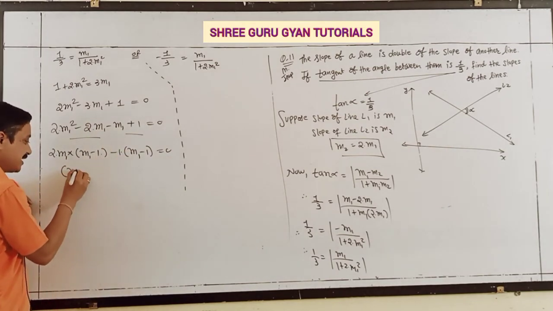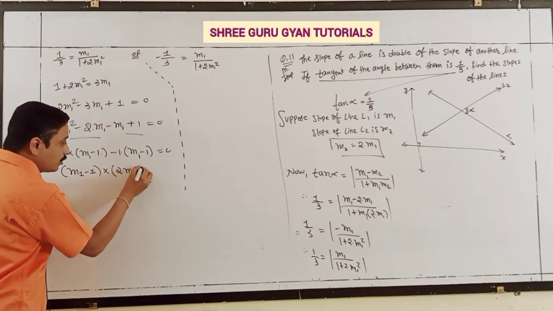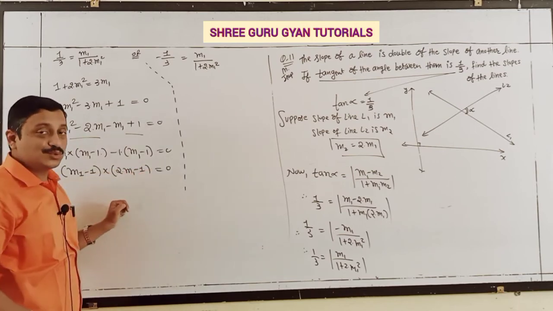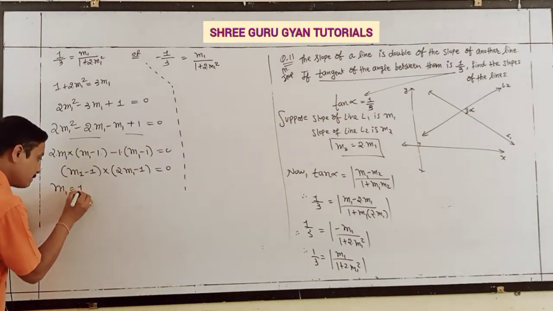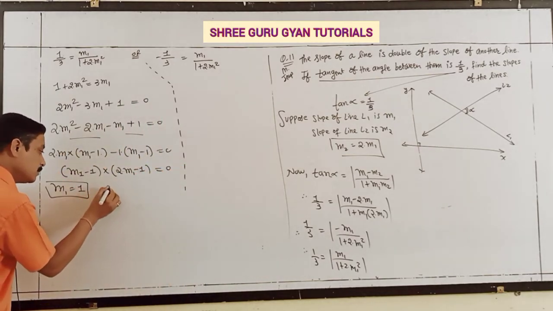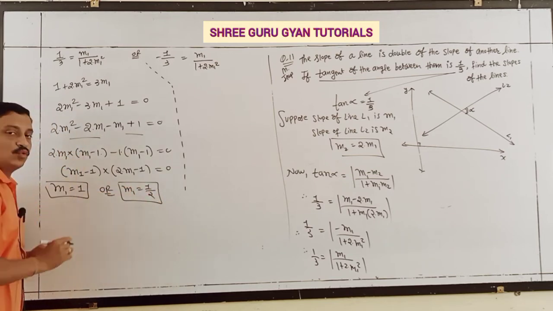So my answer is (m1 minus 1) into (2m1 minus 1). There are 2 different values of m1, one is 1, otherwise it is a half. Students, your 2 cases are done.